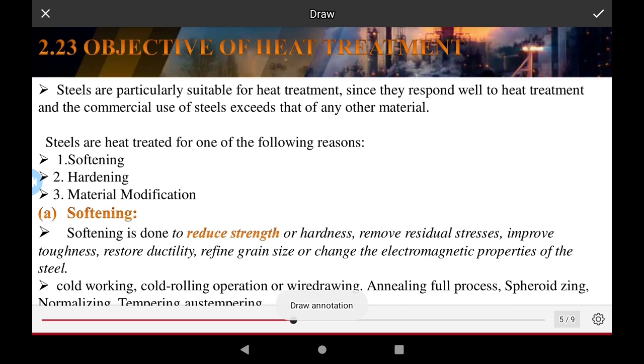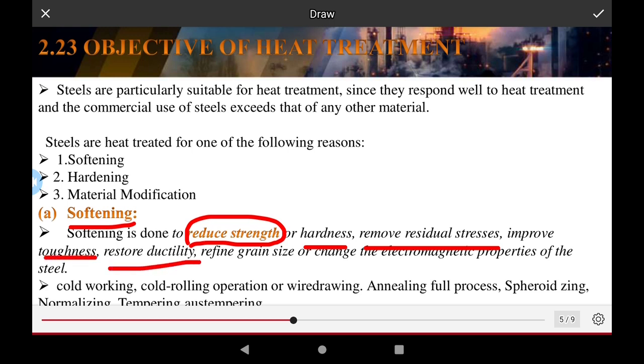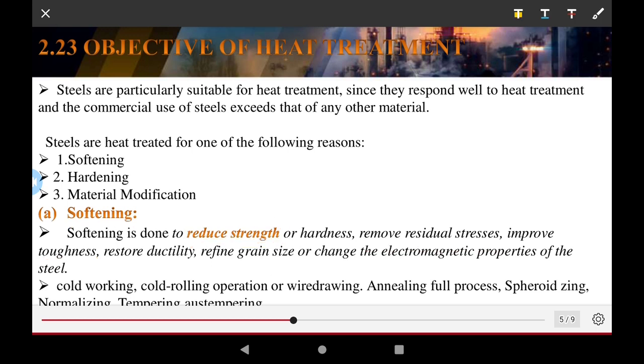What is the meaning of softening? Softening is done to reduce the strength or hardness, remove the residual stress, improve toughness, restore ductility, refine grain size, and change the electromagnetic property of the steel.